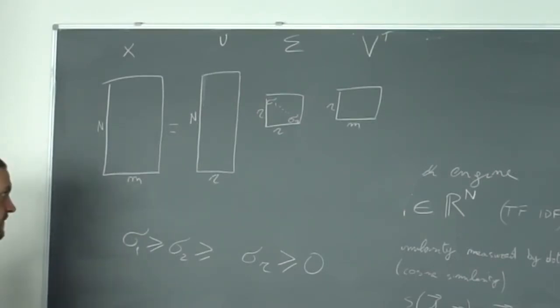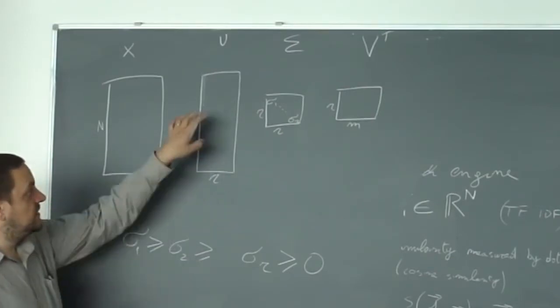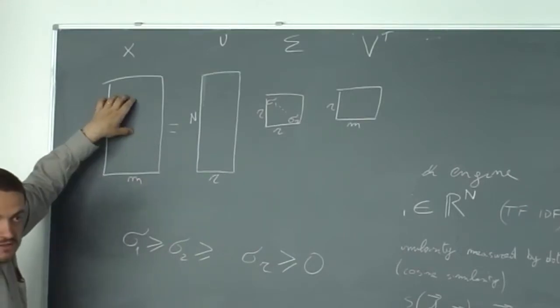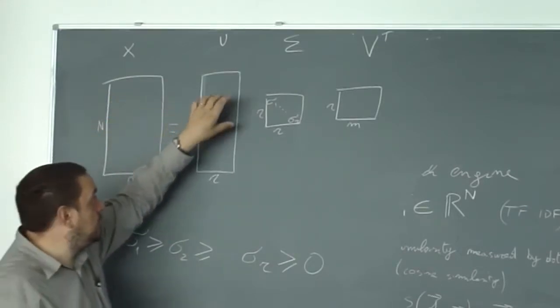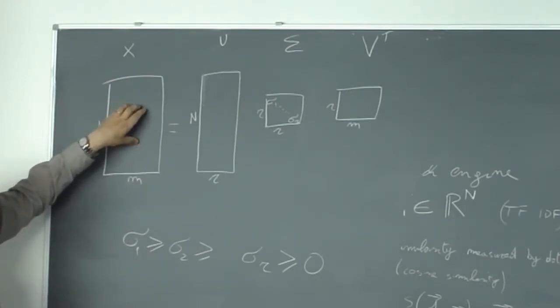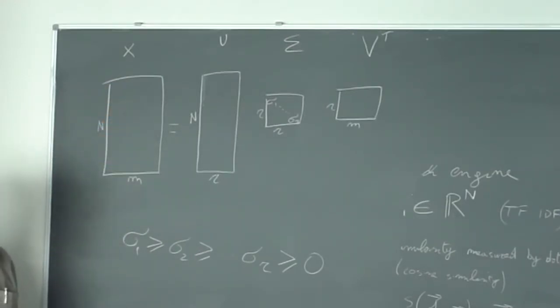Okay, up to now the decomposition contains exactly the same information as the initial matrix. Because in fact if we multiply the matrices of the decomposition we get the original matrix.